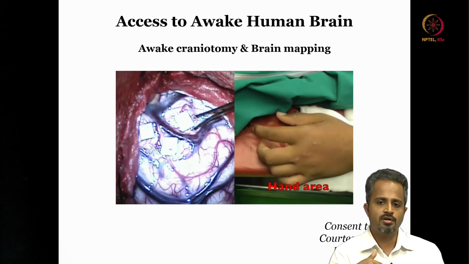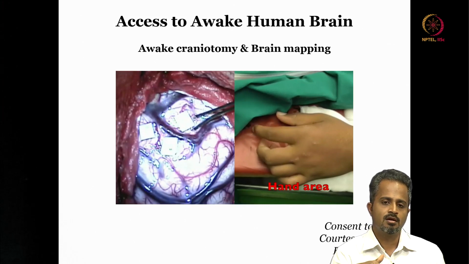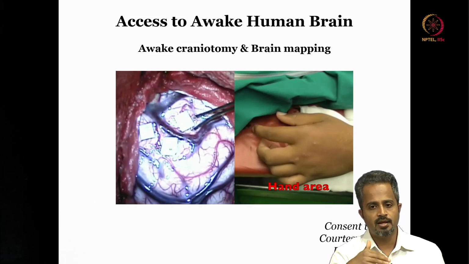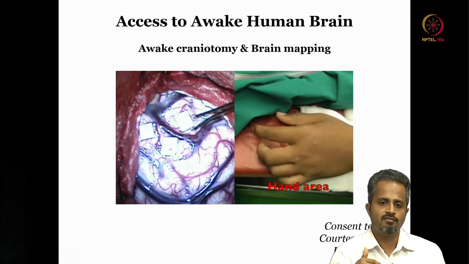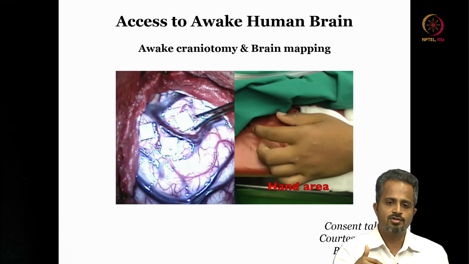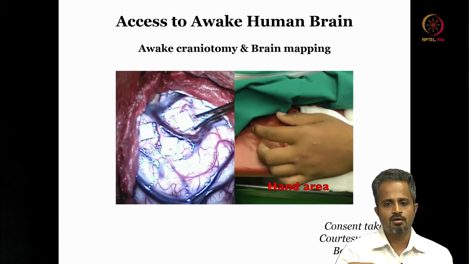Something similar to this we do in rodent models as well, and it is very vital for us to implant any sensor in the brain. There are multiple layers of accuracy and checks that we need to do to make sure that whatever signals we are acquiring from that part of the brain are actually what we want.